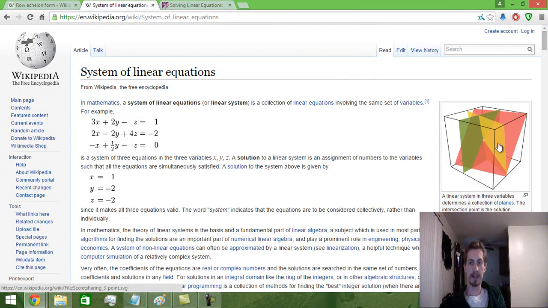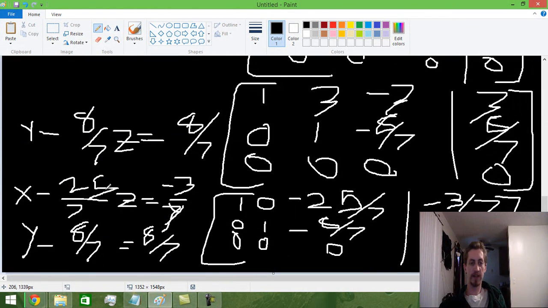So that's going to be one of these like yellow or pink or green planes that we've defined. So any answer on that plane is acceptable, but there's an infinite number of them. So as long, let's do z here too. As long as you pick, for any z you pick, you can get an x or a y, basically.